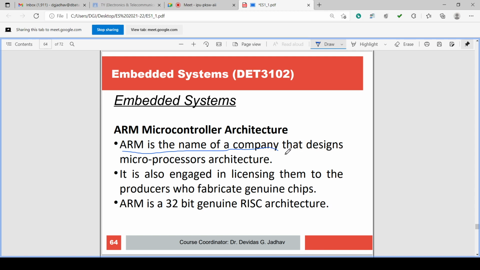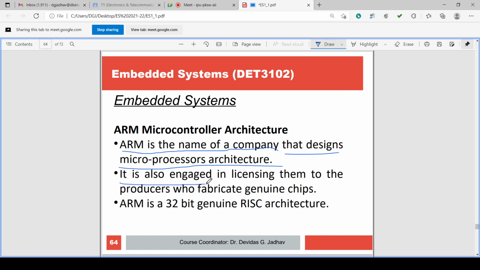ARM is the name of the company that designs microprocessor architecture.